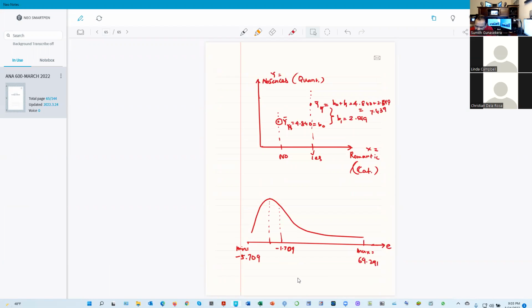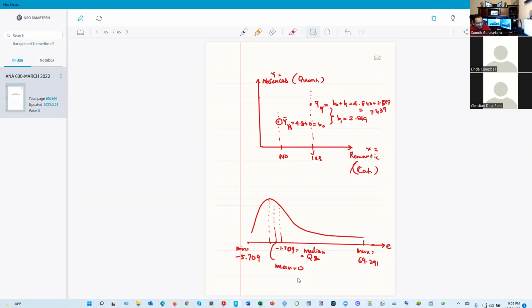This is the mode. This mean is the mean, and the mean should be 0. This is the median, or second quartile, quartile 2. Look at the maximum. It should be right skew.